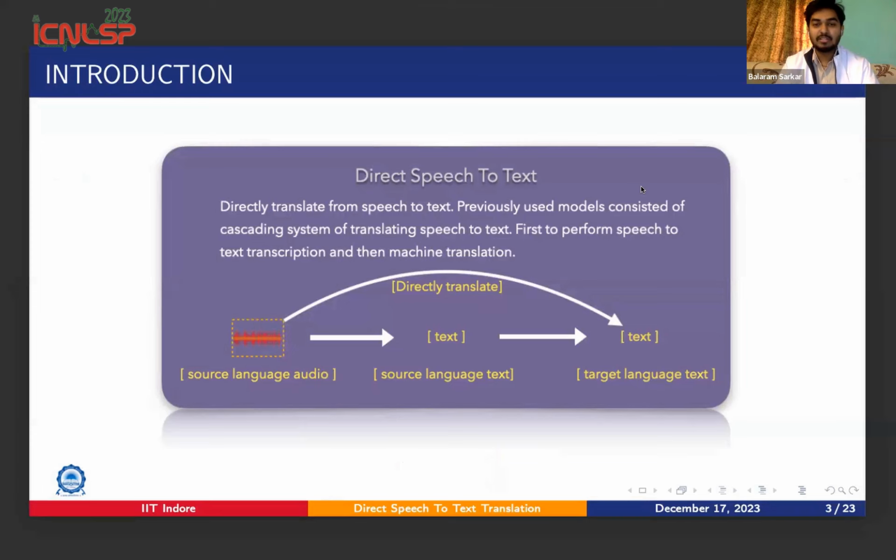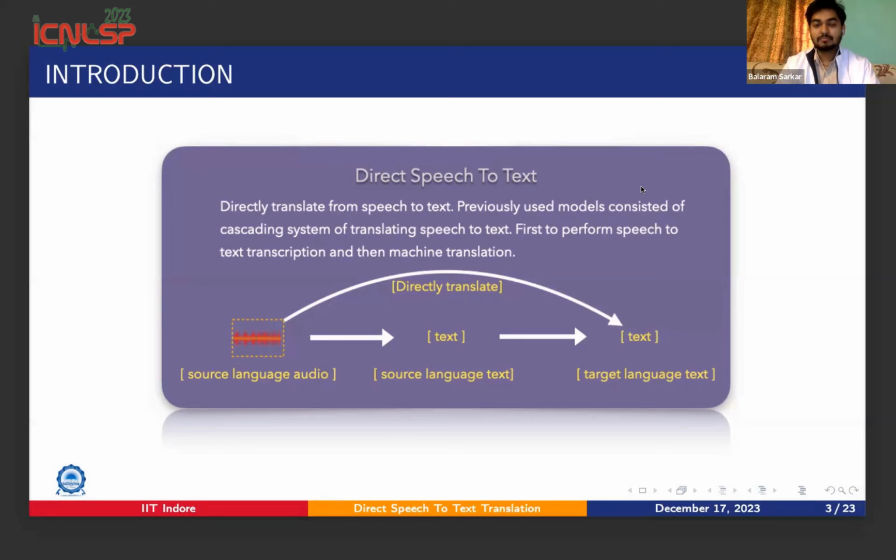So speech-to-text translation is to have an audio speech in one language and translate it into a text format in a different language. Previously, the older methods followed a cascaded system, which involved first using an ASR system, which transcribed the audio into the same language text, and then a machine translation system, which further translated the text from the source language to the target language.